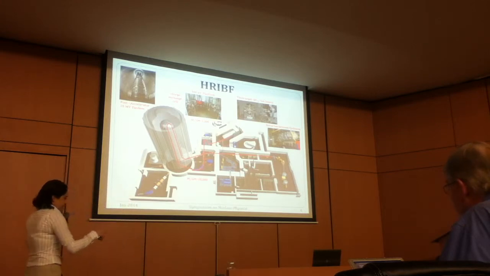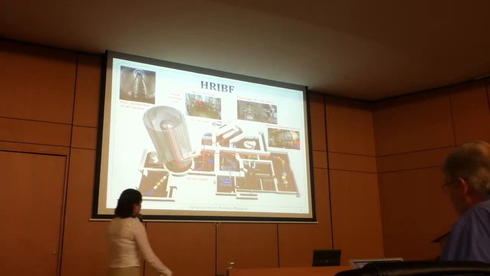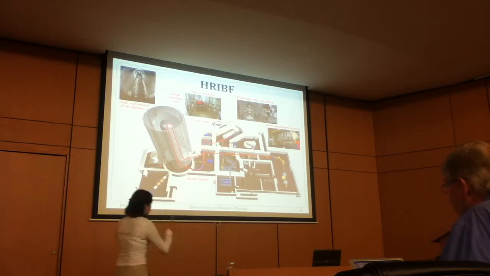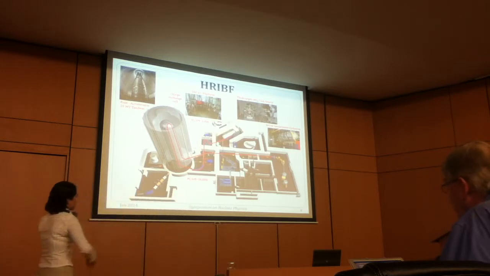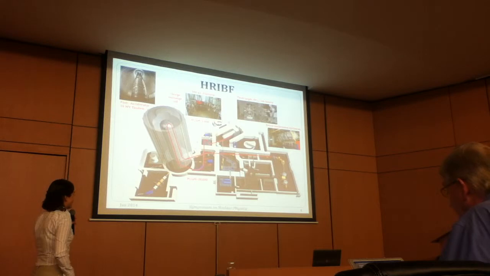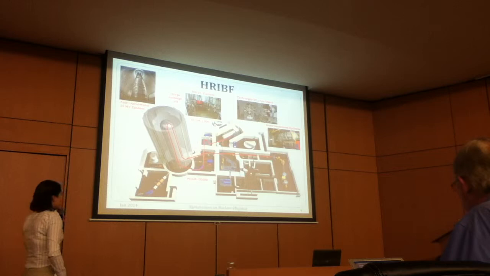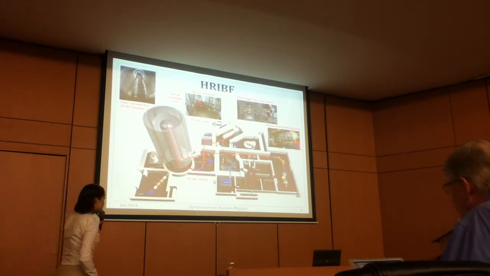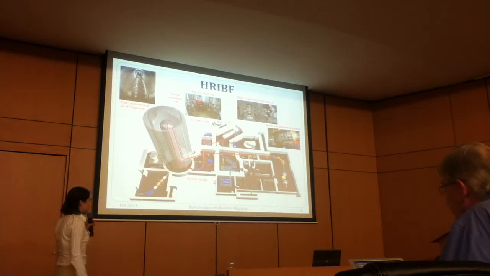The primary accelerator was a cyclotron that produced high-intensity proton beams that were bombarding a uranium carbide target. And the radioactive species, after ionization and mass separation, were injected into the 25 MV tandem and then delivered to the experimental station.